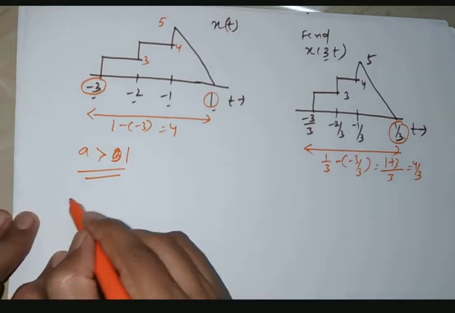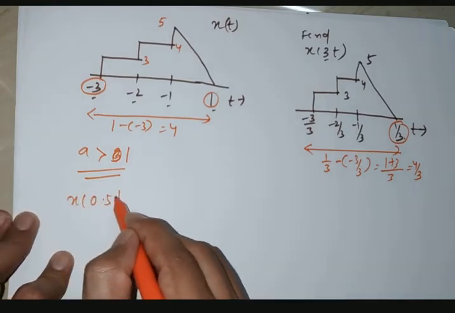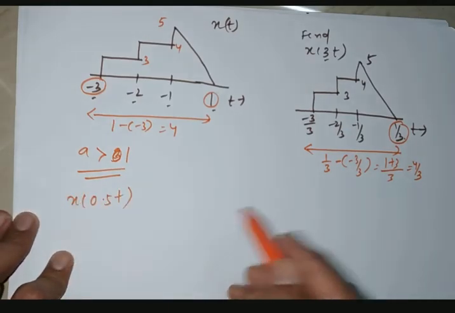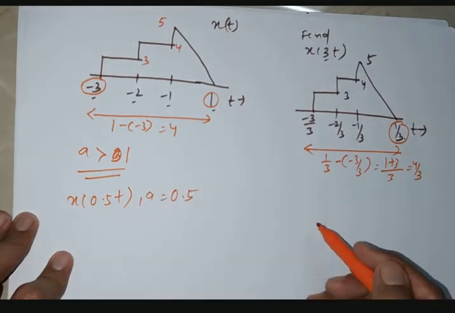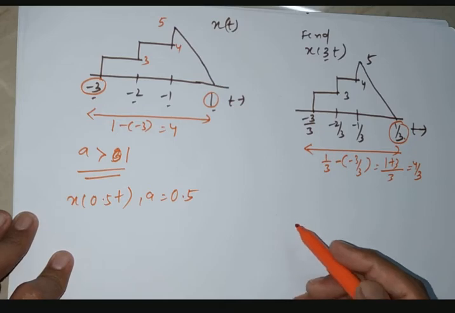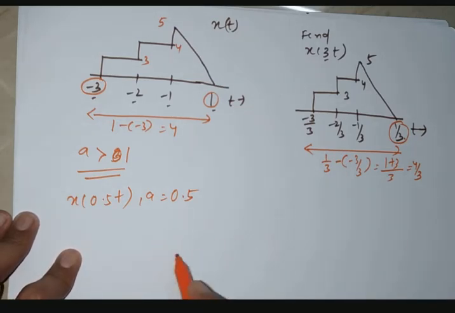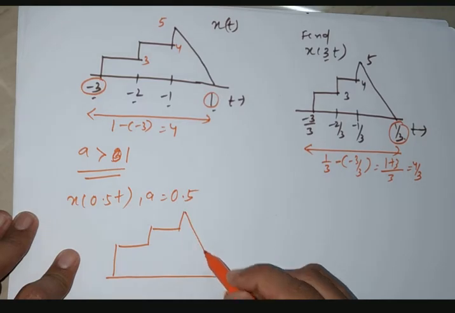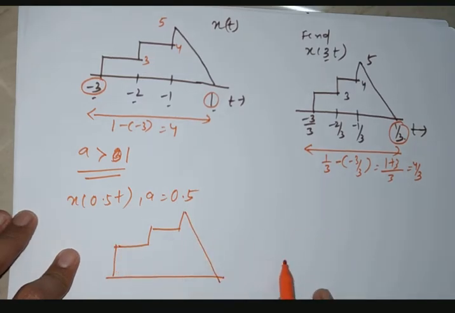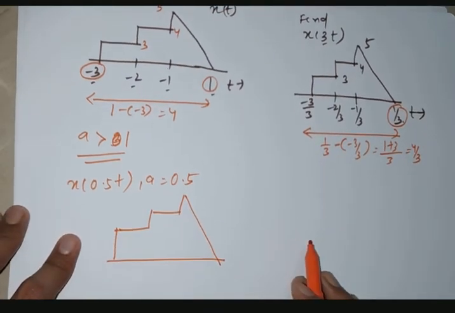For the same problem, if you want to find x of 0.5t, I intentionally take the scaling parameter a equals 0.5. Then we get the same signal, but what will change is the time parameter.